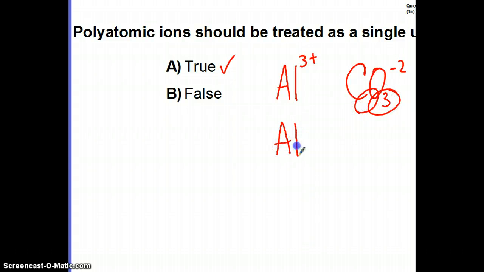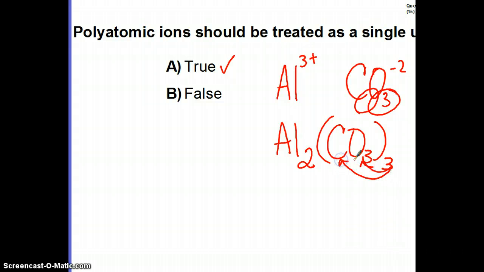You would put it in parentheses. You would do Al2(CO3)3. You would not multiply this out or change this in any way. You just put parentheses around the whole thing. We're pretending like it's a single unit.